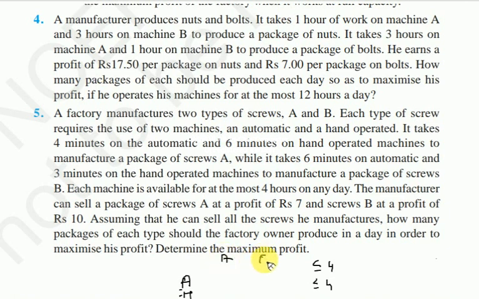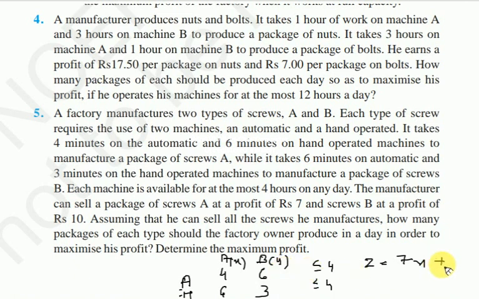It takes 4 minutes on the automatic and 6 minutes on the hand operated machine for screw A, and 6 minutes automatic and 3 minutes hand operated for screw B. And what will be the profit? Z is equal to 7x plus 10y, if you consider screw A as x and screw B as y.